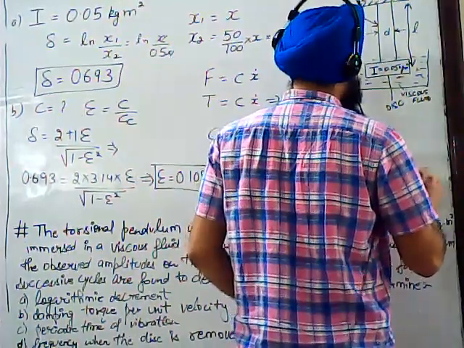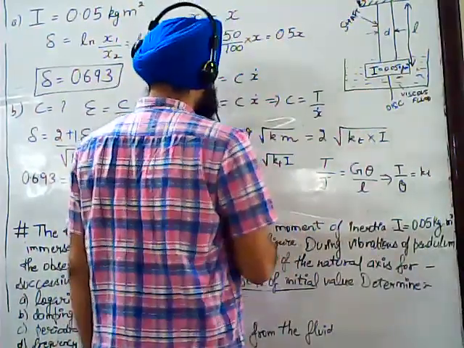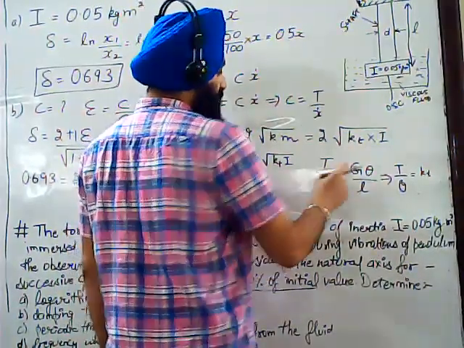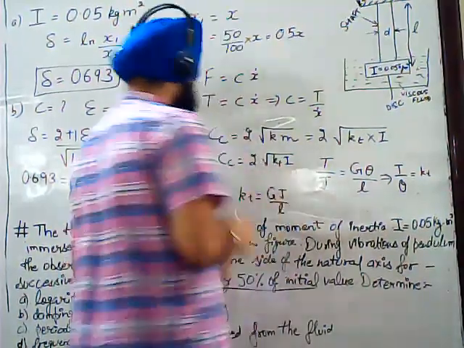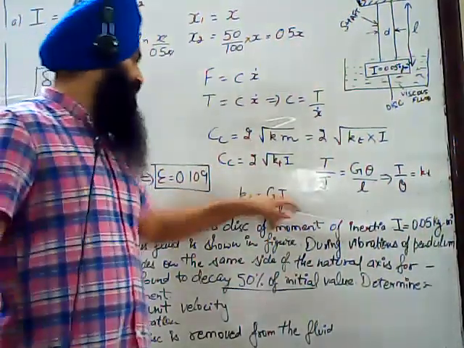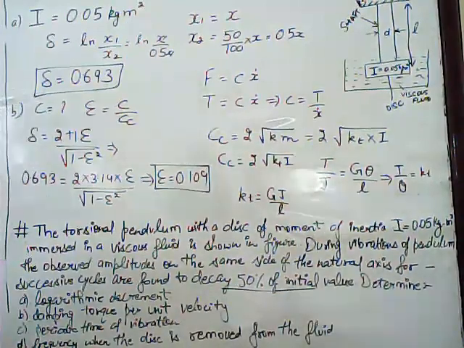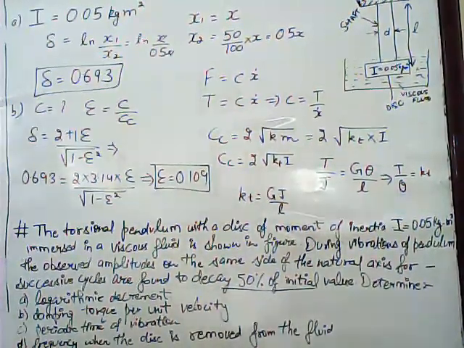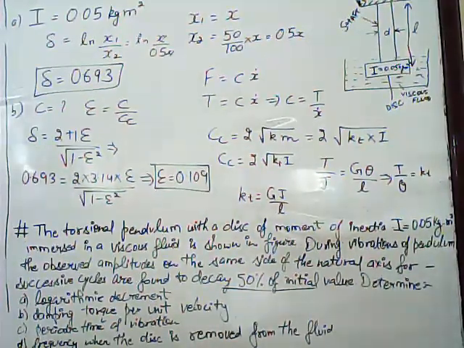Or we can write it as Kt will be equal to G J by L. The value of torsional stiffness will be equal to G into J divided by L, where G is the modulus of rigidity, J is the polar moment of inertia, and L is the length.